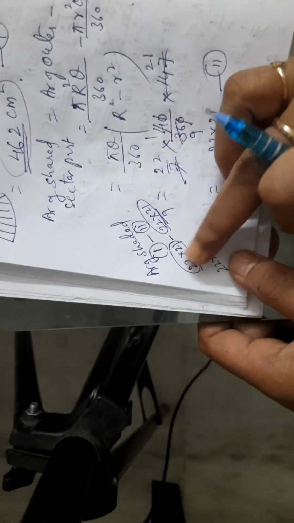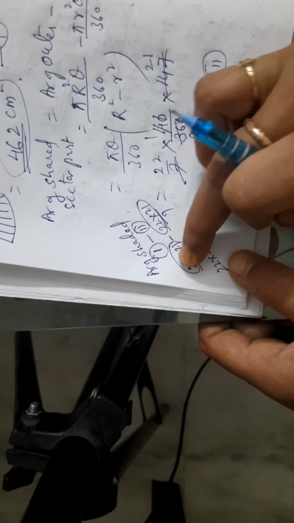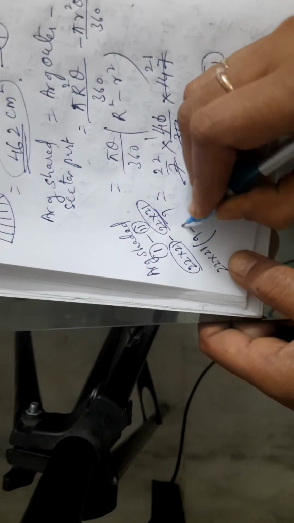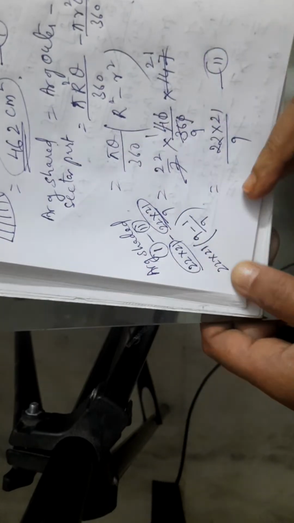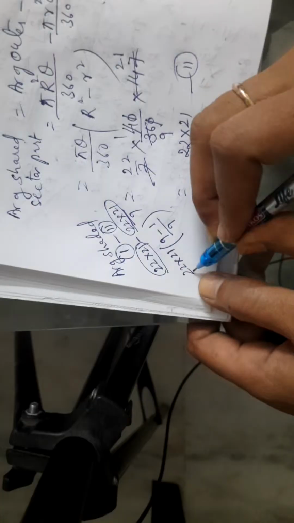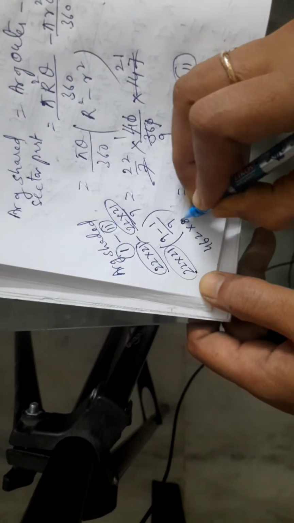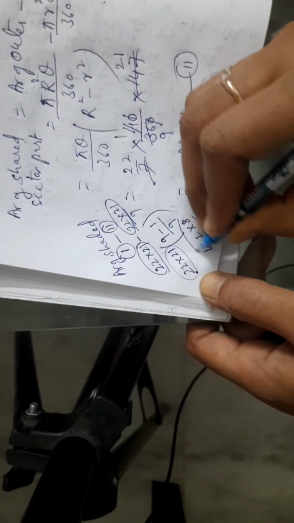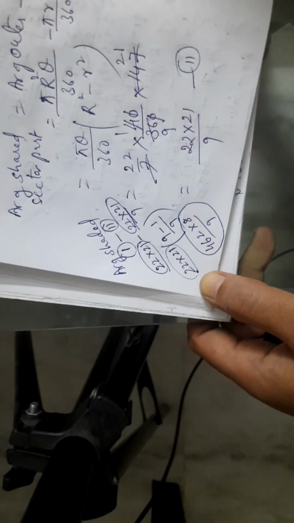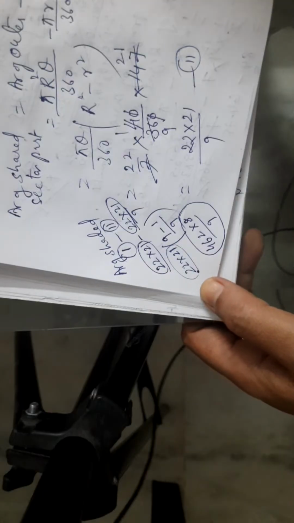As we have taken it common, here 1 is there, 9 ones are 9, minus 1, upon 9. So finally, this we already calculated: the answer was 462 multiplied by 8 divided by 9. If you complete this calculation, you are going to get the area of the shaded part.